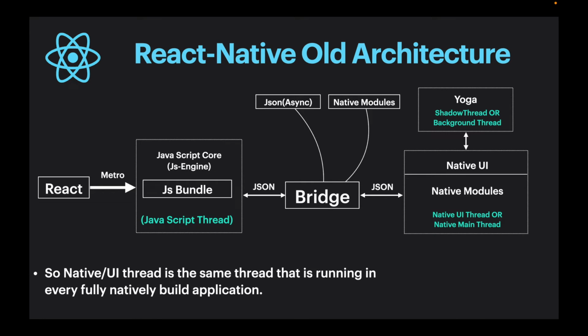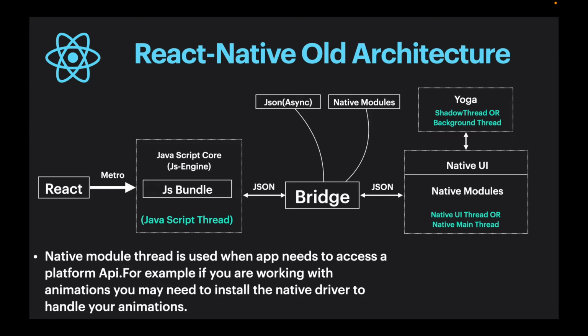The native UI thread is the same thread that runs in every fully natively built application. The native module thread is used when the app needs to access a platform API. For example, if you are working with animation, you may need to install the native driver to handle your animation. In this type of situation we use native modules.